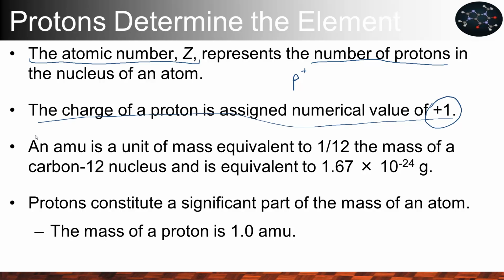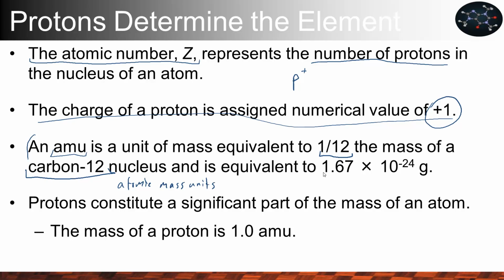We're also going to talk about the mass of a proton. And the mass of a proton can be measured in what's referred to as AMUs, or atomic mass units. Okay, so an atomic mass unit is specifically defined as 1/12 of the mass of a very specific carbon atom nucleus.